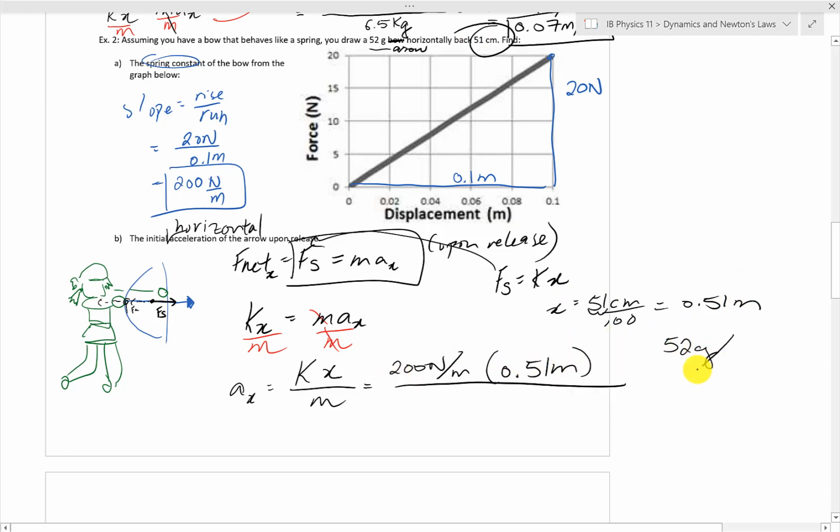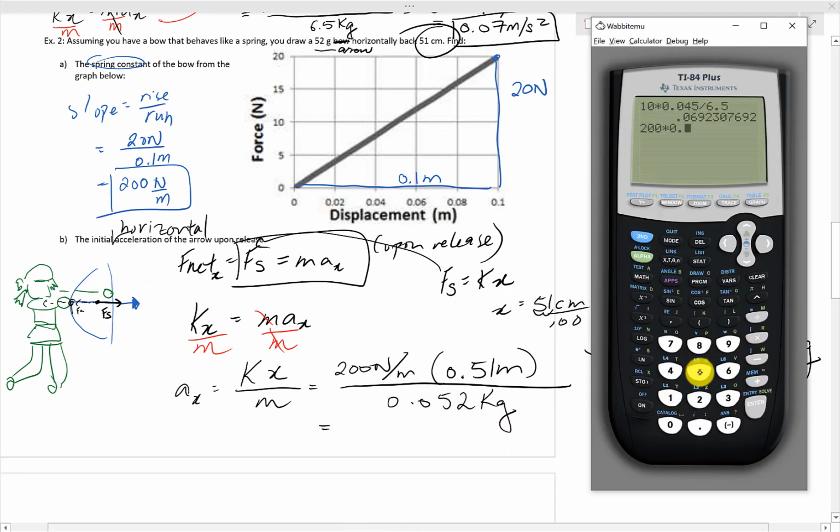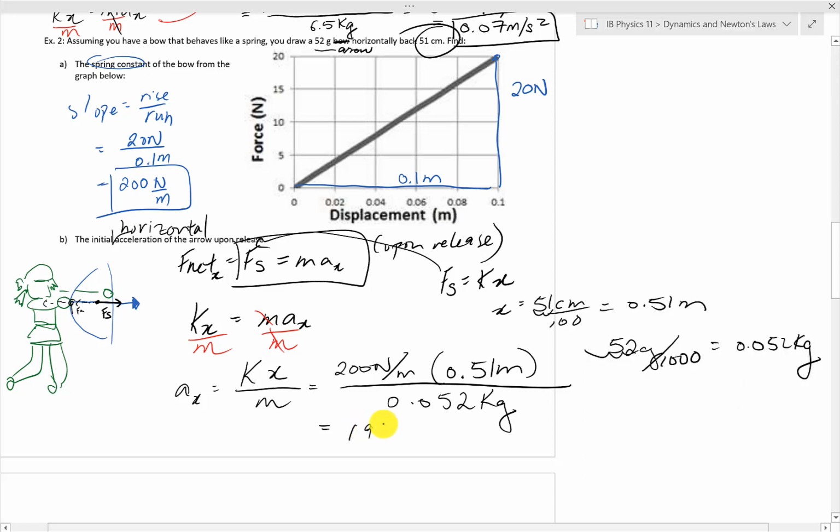Don't forget the x, we need to convert the 51 centimeters to meters, and the 52 grams to kilograms by dividing by 1,000, and putting that all in our calculator, we get 1961, which then rounds to 2,000 meters per second squared acceleration.